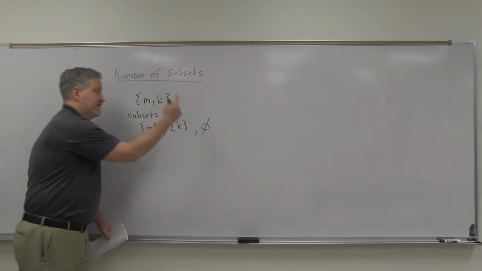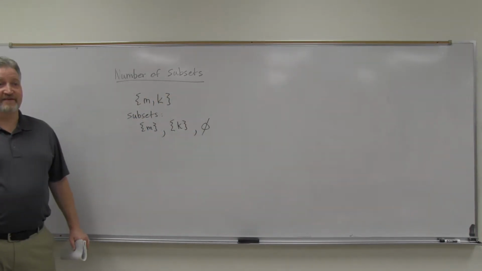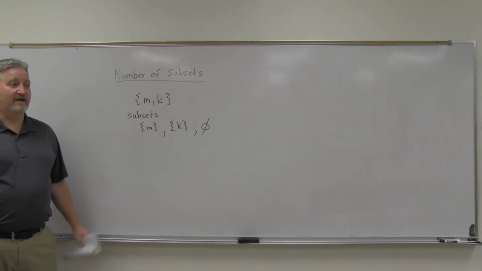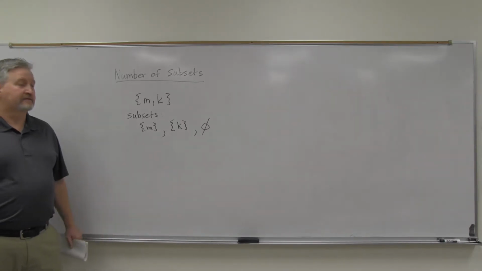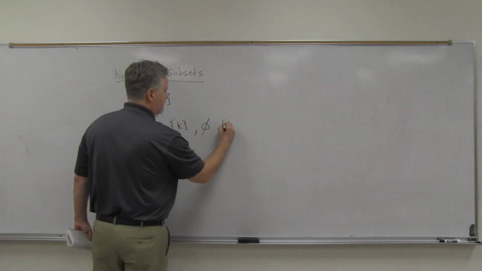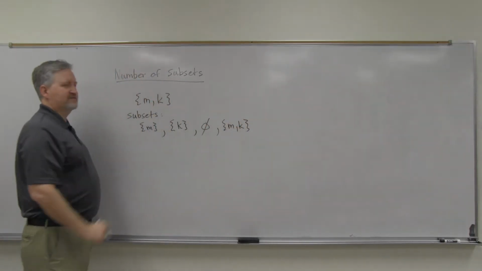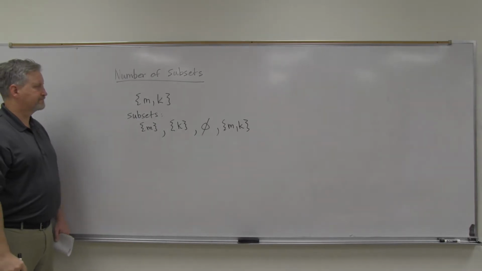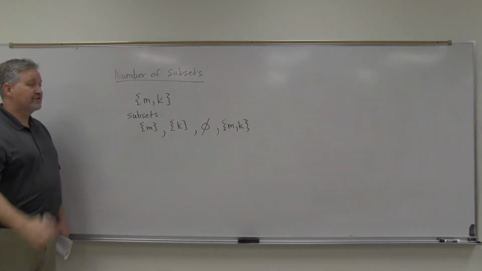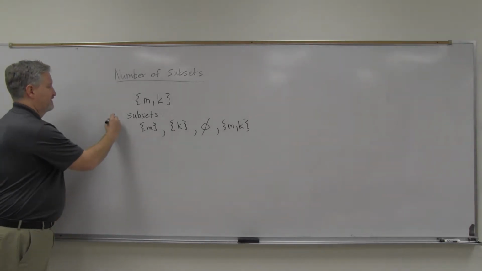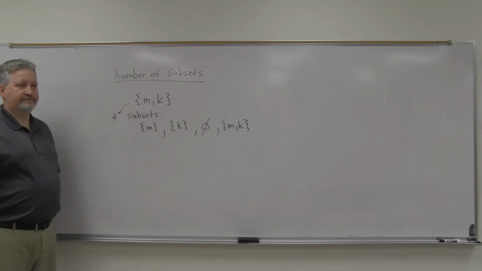And so hopefully that helps you a little bit. The empty set is a subset, because you could just have nothing. Or you could have the mustard and the ketchup. So again, the set itself is a subset. So there's 4 subsets in that case.